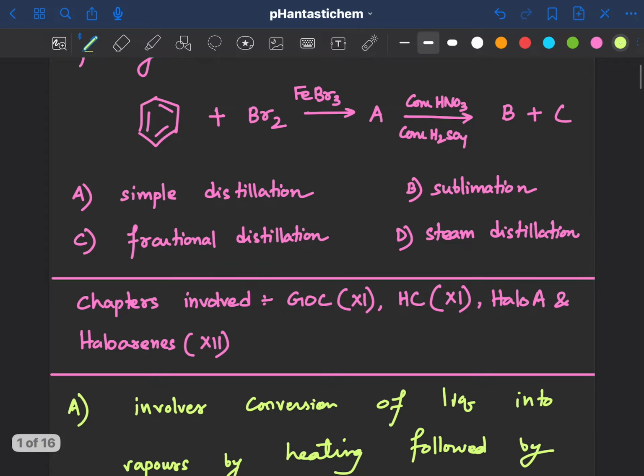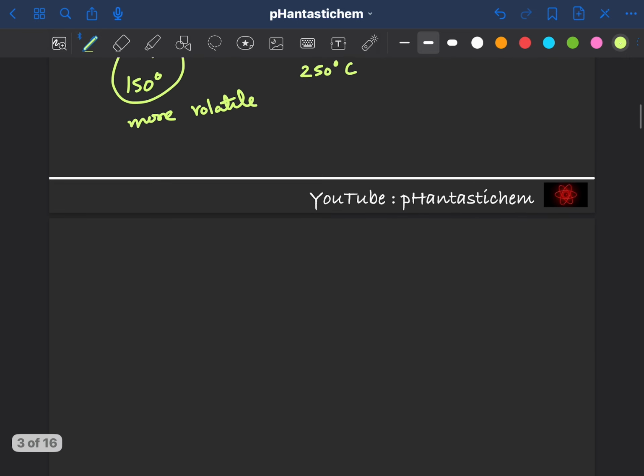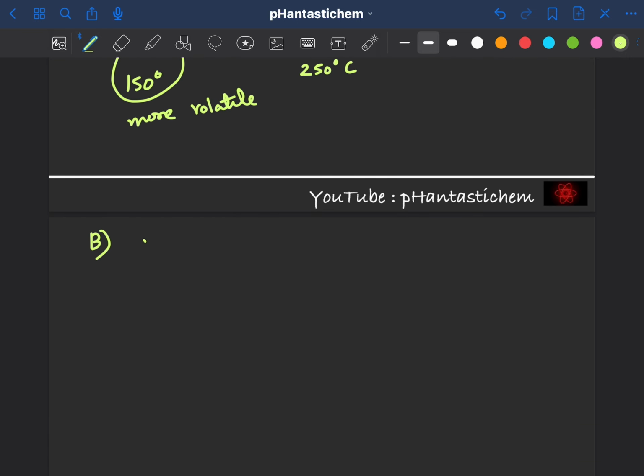The next separation technique mentioned in the options is sublimation. We know that sublimation involves the direct conversion of solid into gaseous state on heating without passing through the liquid state.